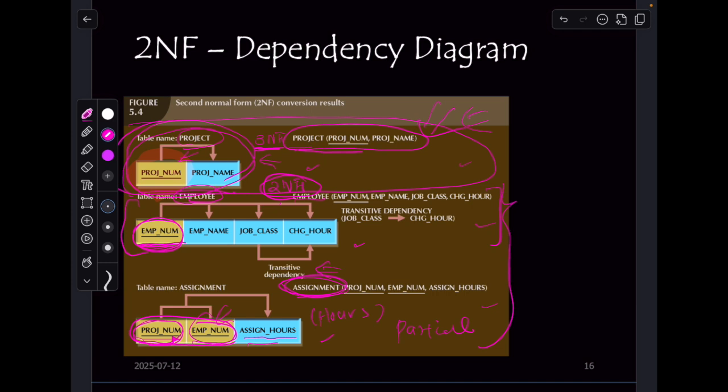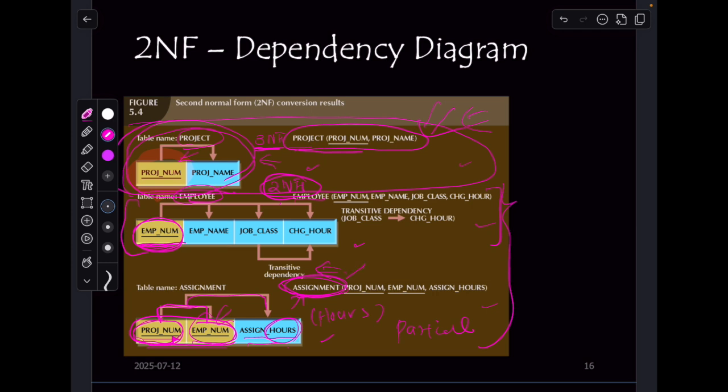Again, when you evaluate the functional dependency, note that you have to look at each table separately. Now we are looking at the assignment table. Although we have a composite primary key, there is no partial dependency. Hours is determined only when we use both of them. So this is a full functional dependency and it's not partial dependency.